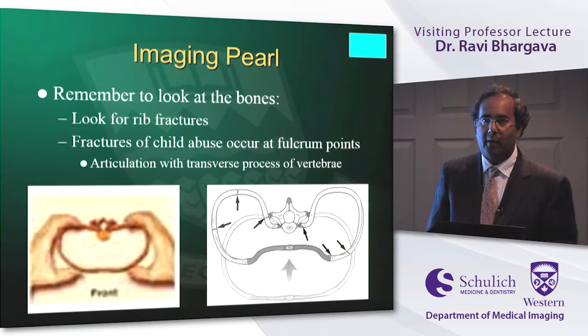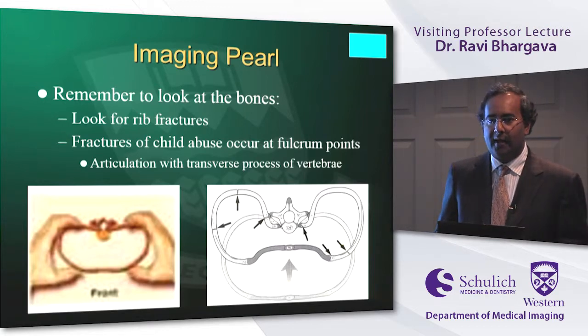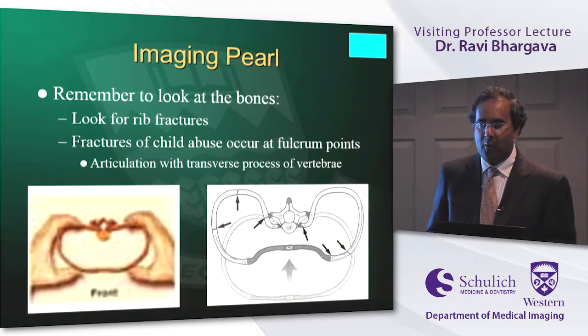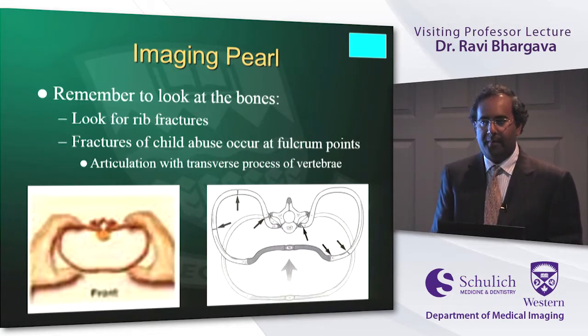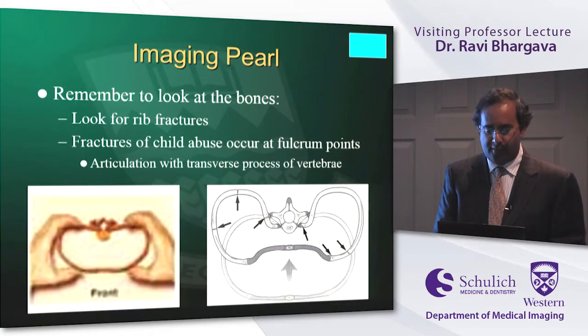And this leads to posterior rib fractures. This is really common. You can also see them further laterally, both in the posterior aspect of the ribs, but also in the lateral margins of the ribs, as well as at the costochondral junctions. So look at the bones, look at the corners of the films, and look for rib fractures.